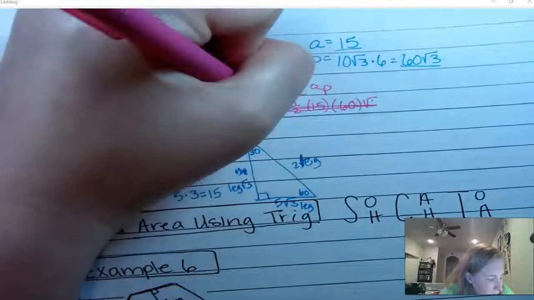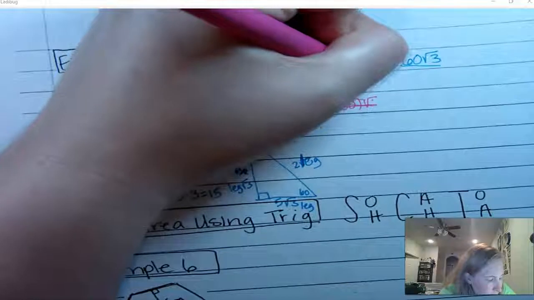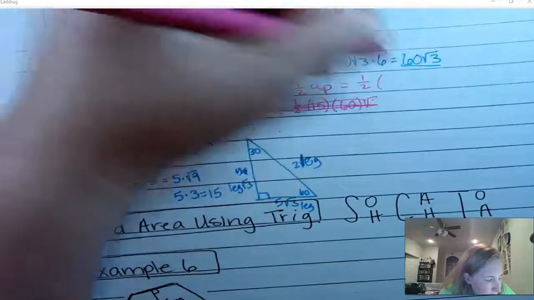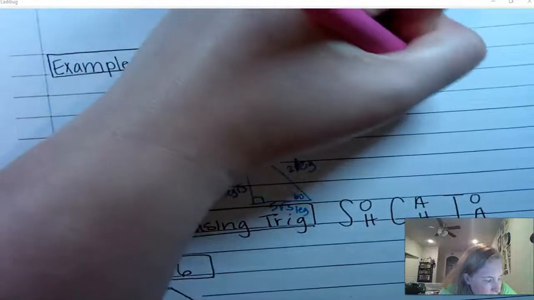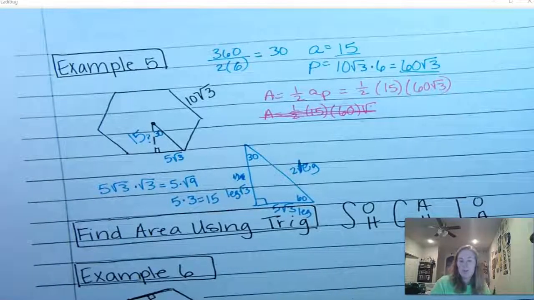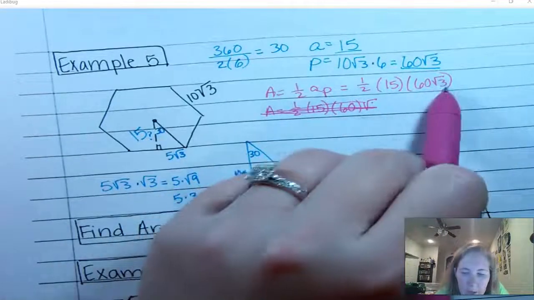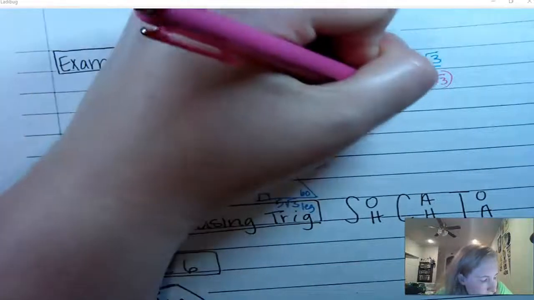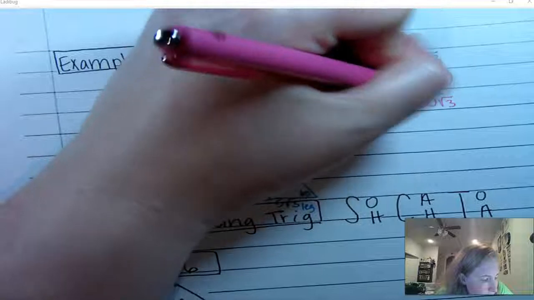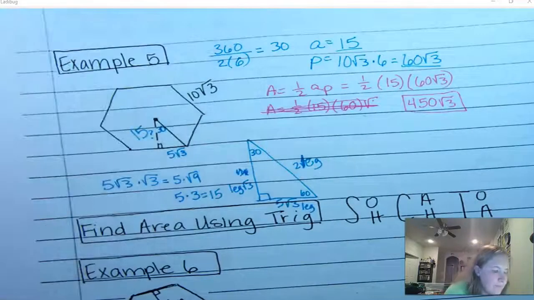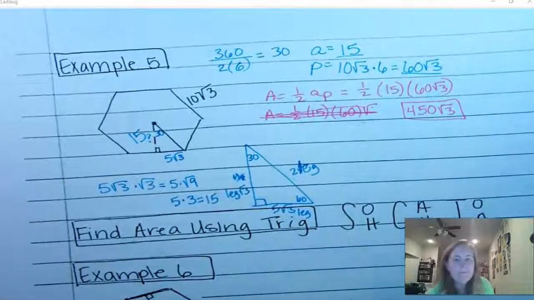I'm just going to rewrite it next to it. 15 times 60 root 3. Then I want to close the parentheses. And then once I have that, I'm going to put all the numbers into the calculator, but not the square root 3. And I get 450 root 3. And that is my area. So that's what I would look for.